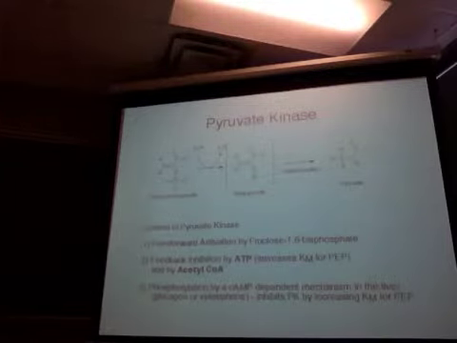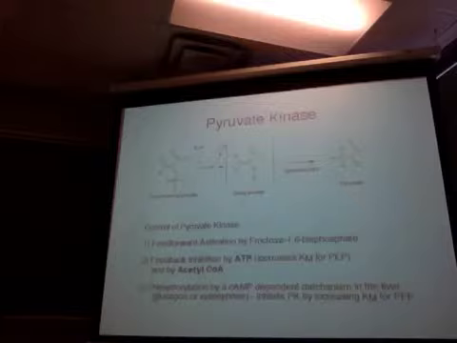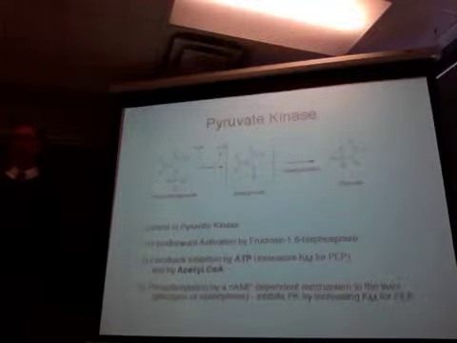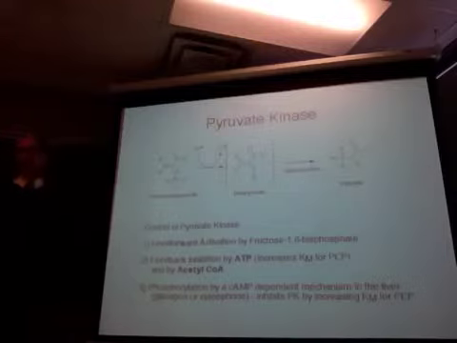Right? That glucagon or epinephrine would inhibit pyruvate kinase and therefore inhibit the exit from glycolysis in the liver. Well, glucagon and epinephrine, in general, what are they signaling the liver to do?